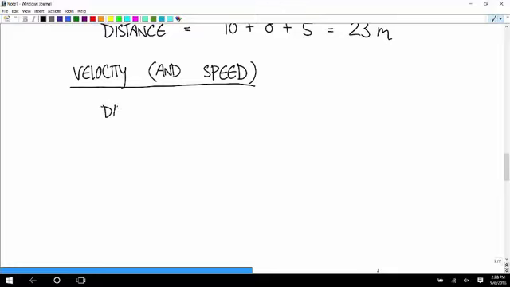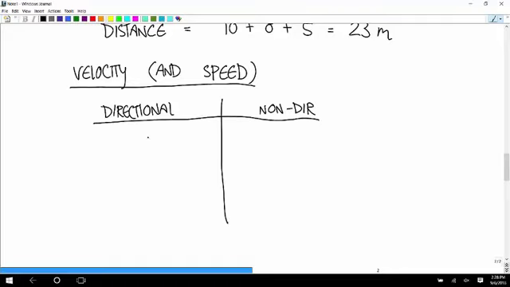So remember, if we divide it up into directional quantities and non-directional, position is sort of on its own. Displacement does have direction information, and distance doesn't. You can see that they're very closely related to each other.